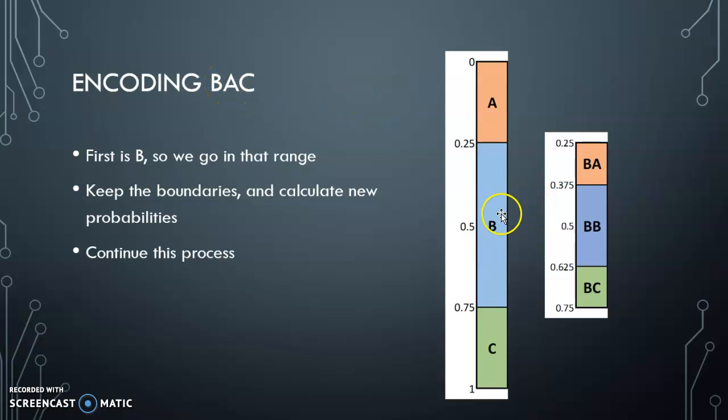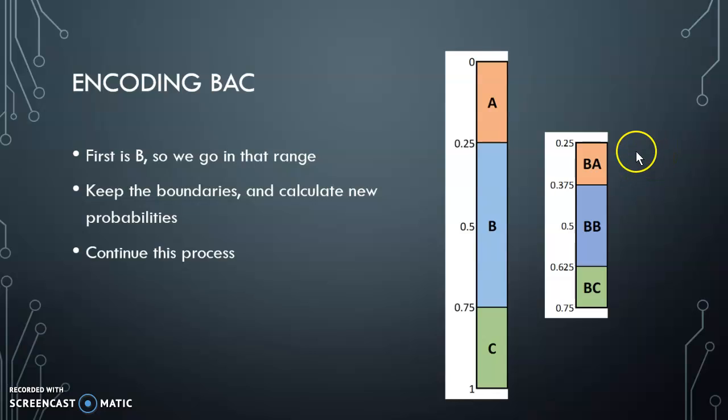Once we're inside the B range, we want to keep the boundaries, but also calculate new probabilities. So we still have a 25% chance of A, but now that 25% chance is within the first probability of B. That would be the 0.25 to 0.375 here, as you see in the second picture I've added.